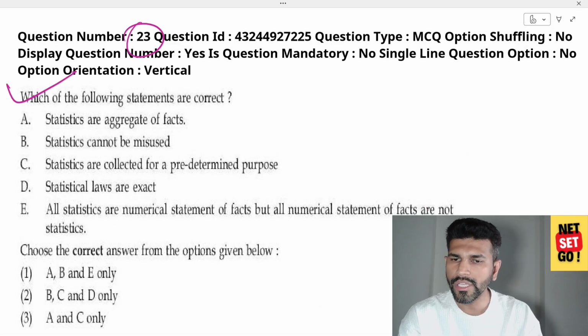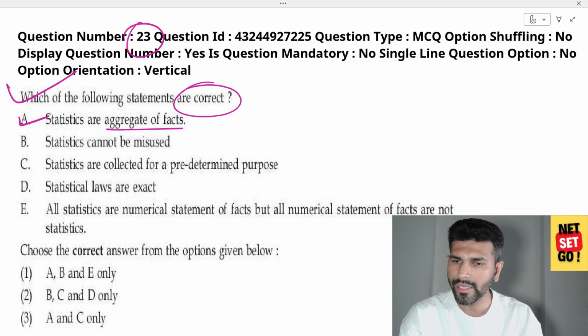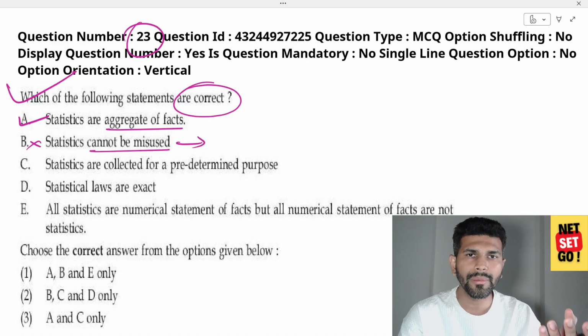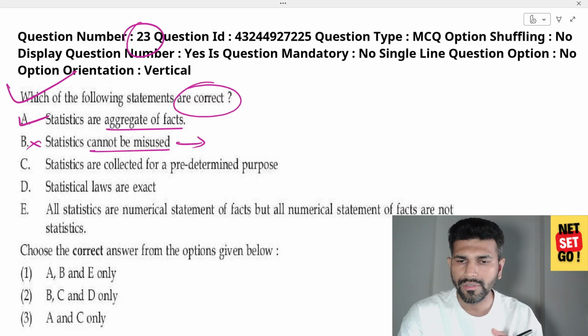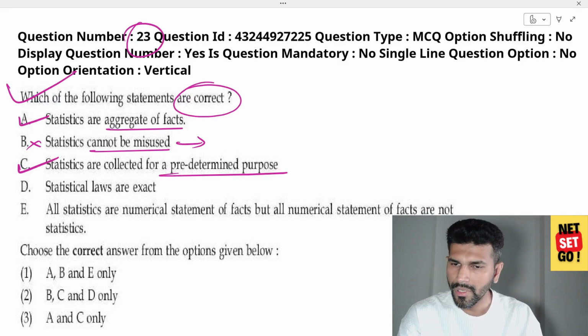Next, which of the following statements are correct? Statistics are aggregate of facts. Correct. It cannot be misused? No, it can be misused because there may be some biasness from the side of the researcher or interviewer, or there may be some sampling error. So statistics can be misused. Statistics are collected for a predetermined purpose. Correct. Statistical laws are exact?